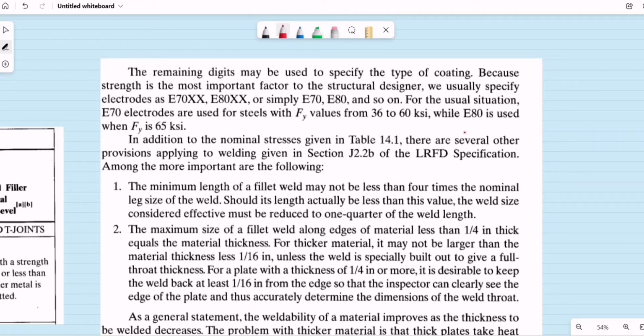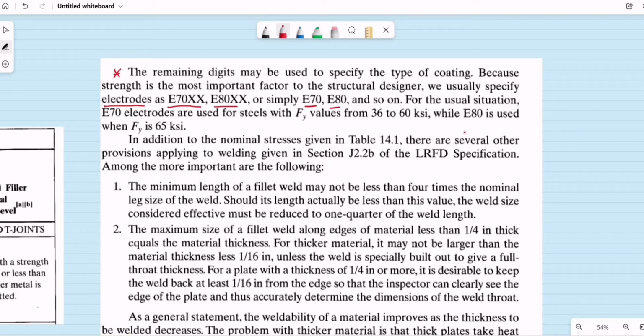Okay, so let us continue our discussion. The remaining digits may be used to specify the type of coating. Because strength is the most important factor in structural design, we usually specify electrodes as E70XX, E80XX, or simply E70, E80, and so on.